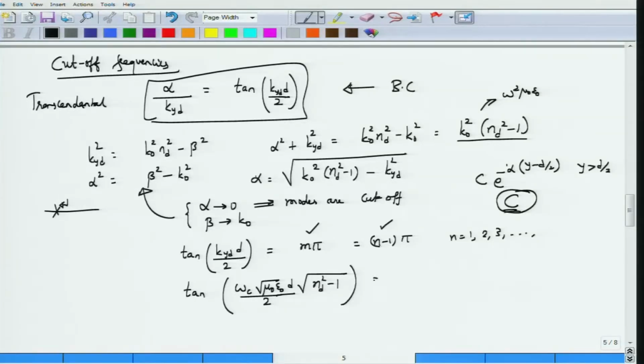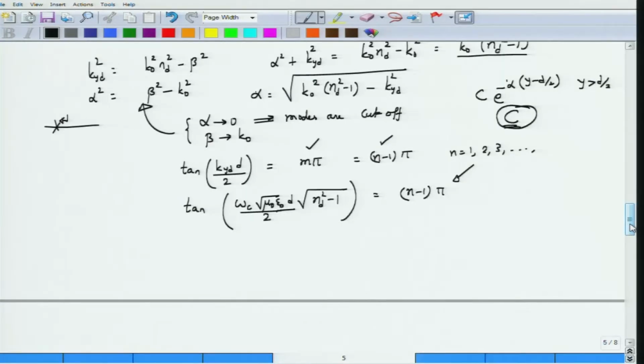So this must be equal to n minus 1 into pi, if you are using this notation, for the waves to be cutting off. You can replace omega c by 2 pi fc, and divide by 2; the 2 will cancel, pi will cancel from left hand side and the right hand side.